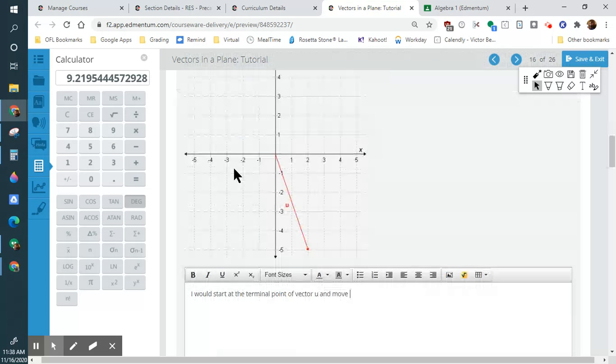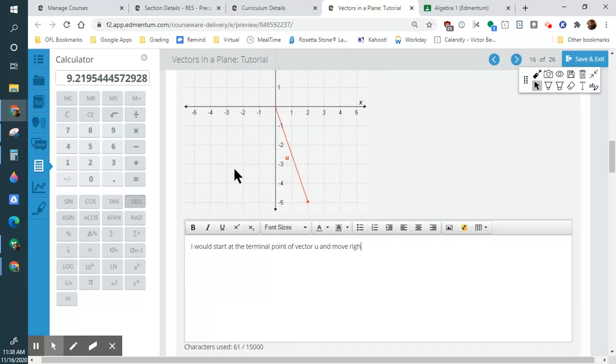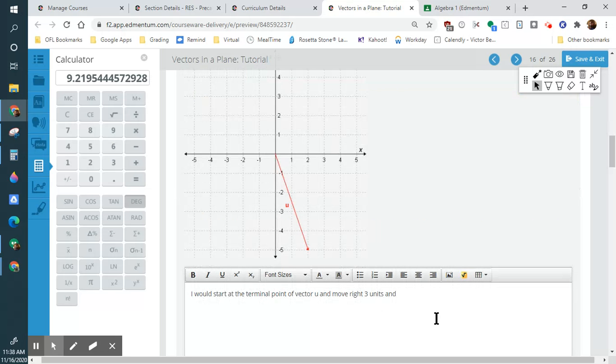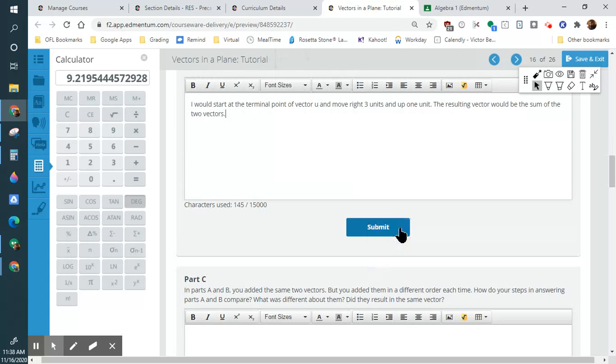It's a positive 3, so I would move right 3 units, and the y value is positive 1, so up 1 unit. The resulting vector would be the sum of the two. So that's how you basically just use graphing to do this.